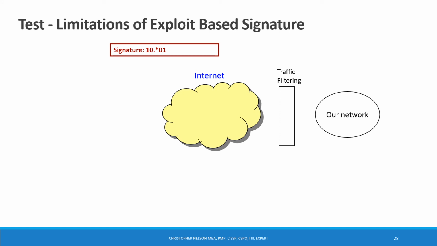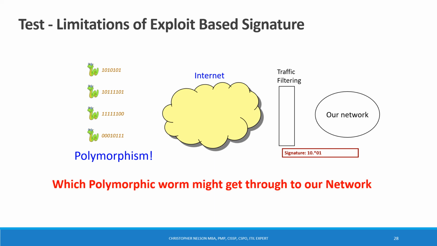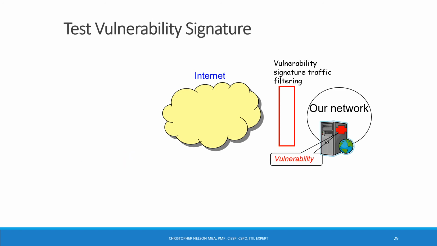Now there are limitations of exploit-based signatures. Polymorphism. Again, trying to get through the internet through our traffic filtering to our network. Which polymorphic worm might get through to our network? You have to do a test vulnerability signature.